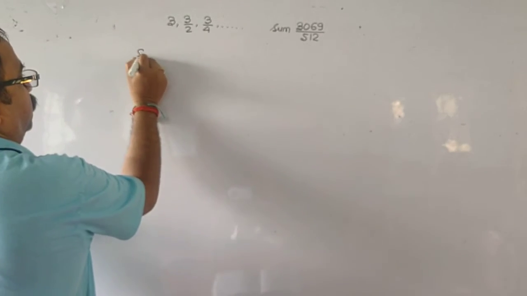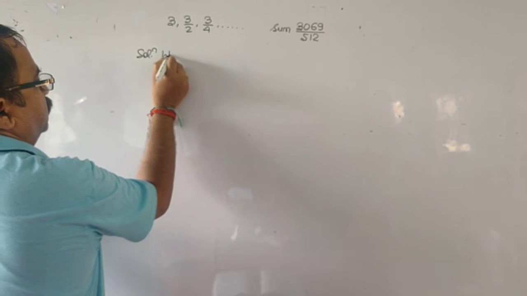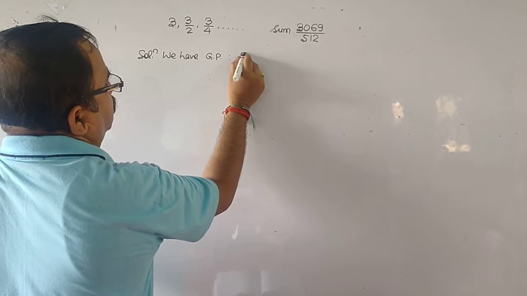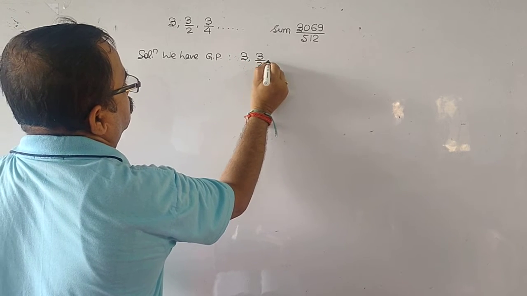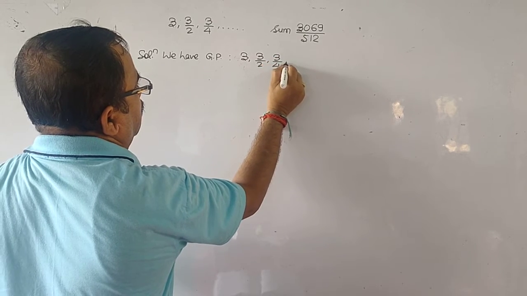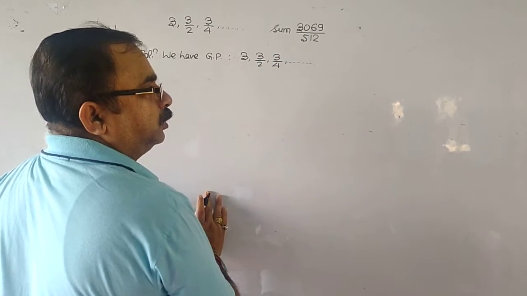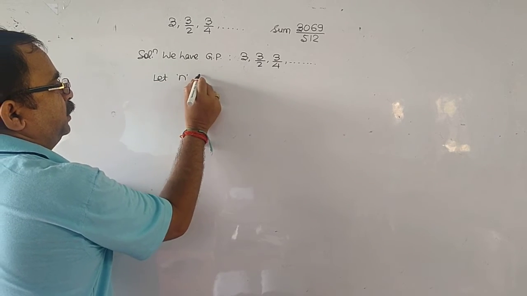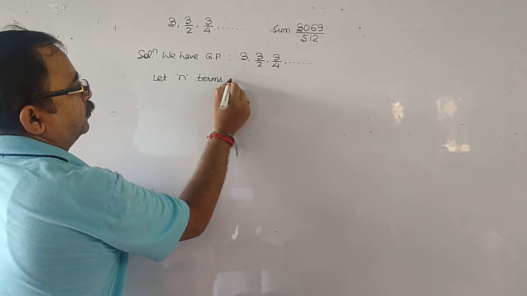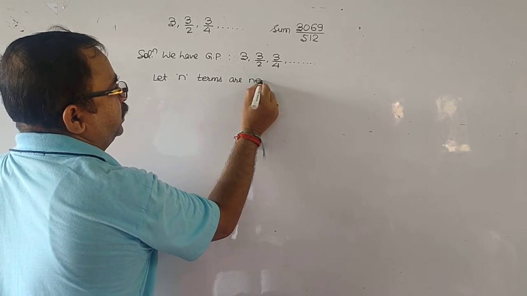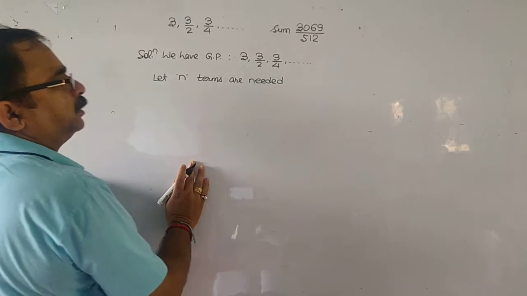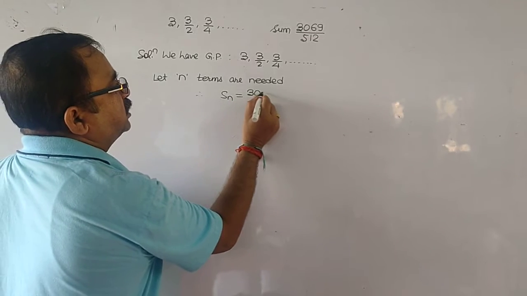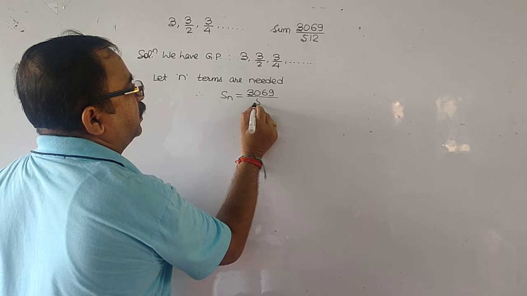Solution. We have GP 3 by 2, 3 by 4, and so on. Let n terms be needed to be taken. So Sn is 3069 upon 512.